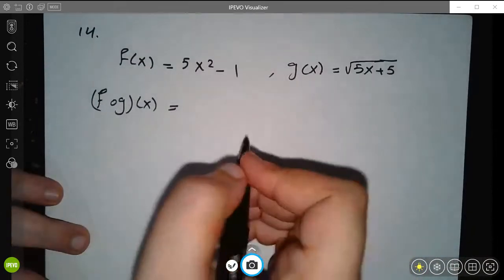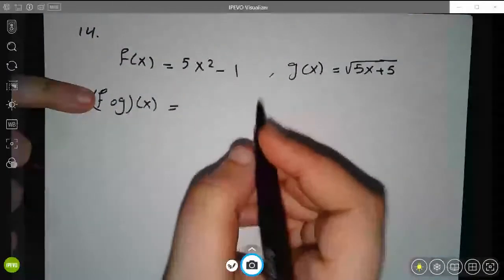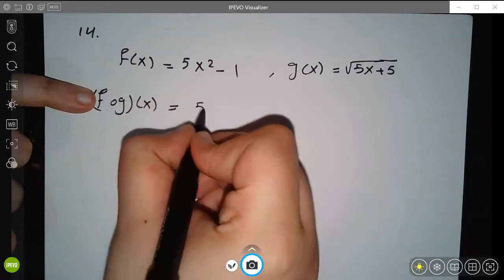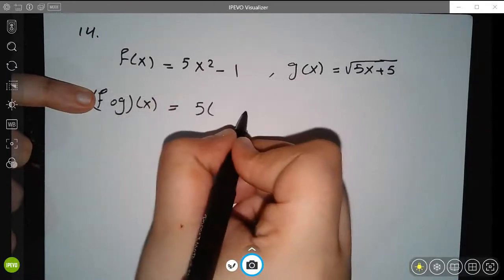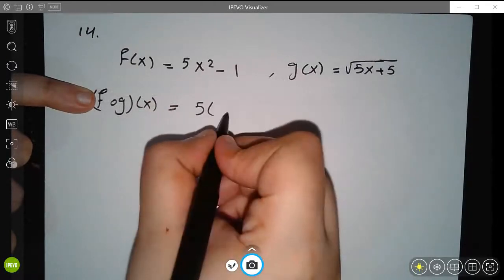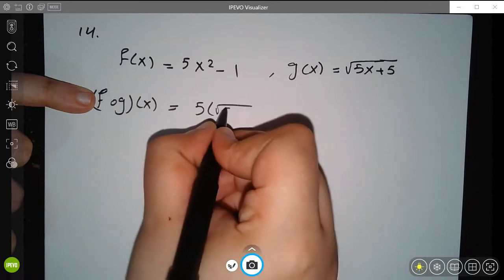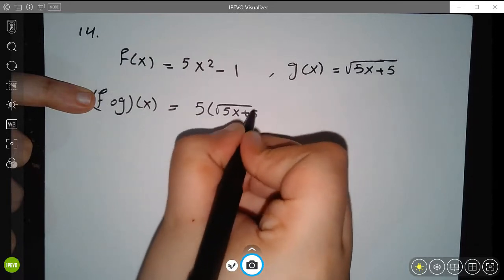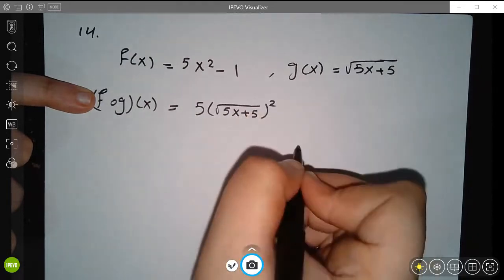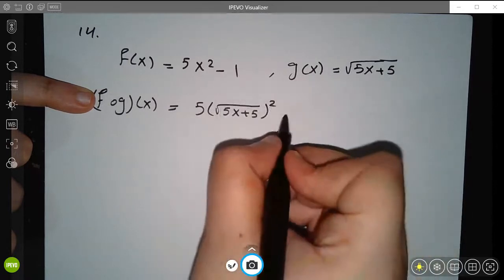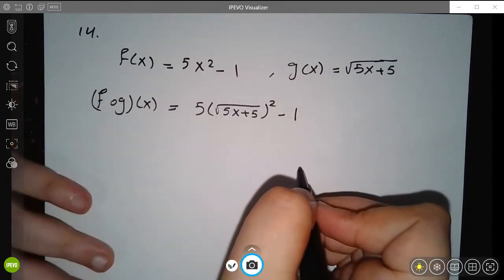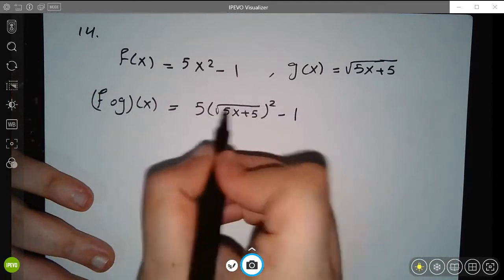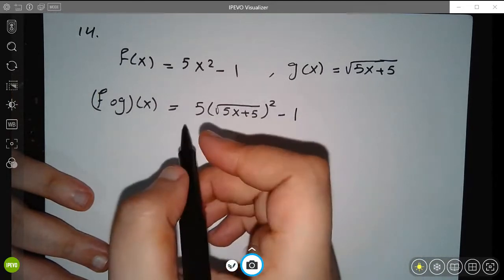So let's start with this one. F is on the outside. So that is 5 times this whole function right here, root of 5x plus 5, and then it's squared, that's your x, and then minus 1.